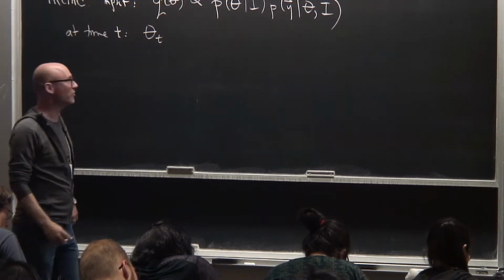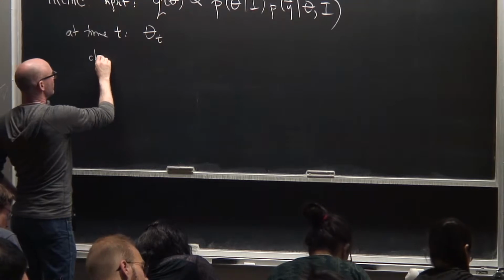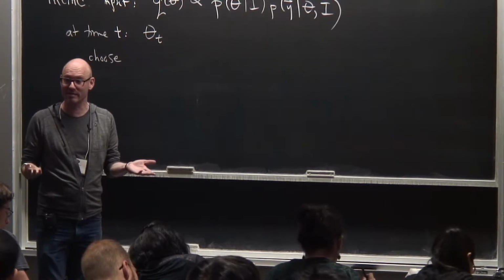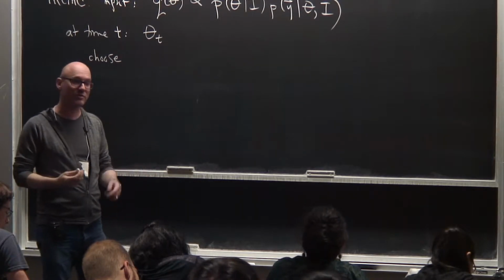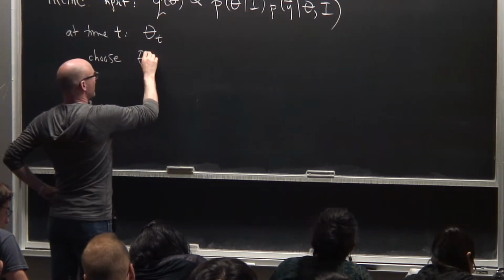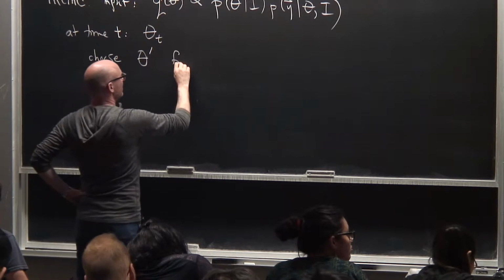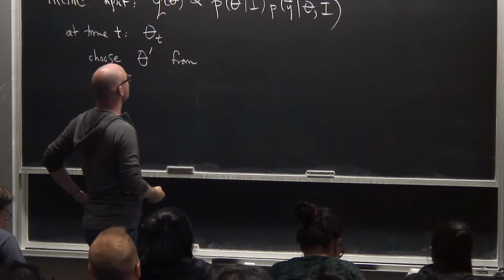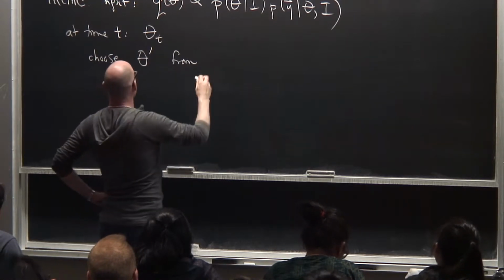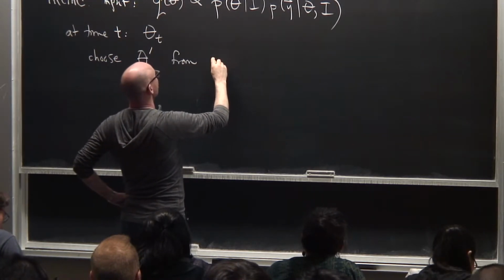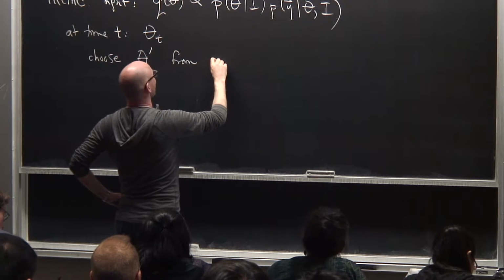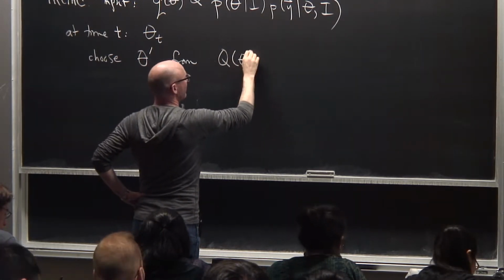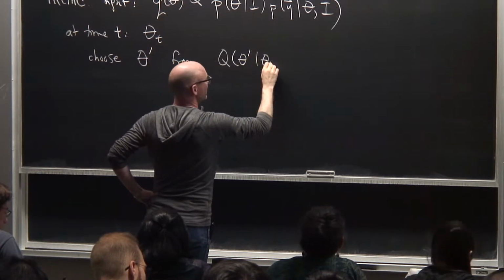And then I choose, by a random walk for instance, a new set of parameters, theta prime, from some proposal distribution. Let's call my proposal distribution capital Q of theta prime given theta t.